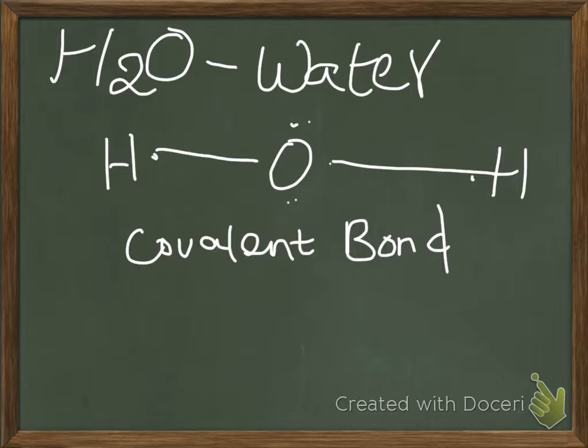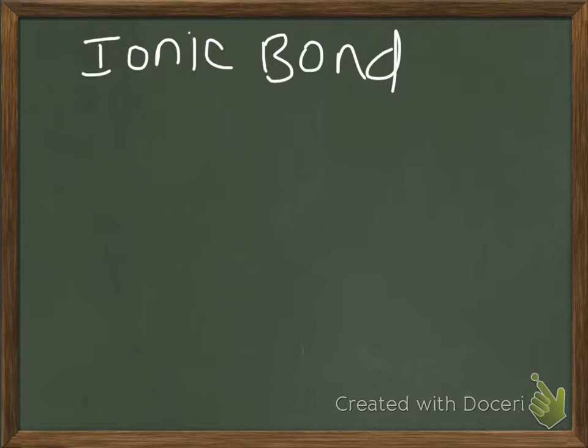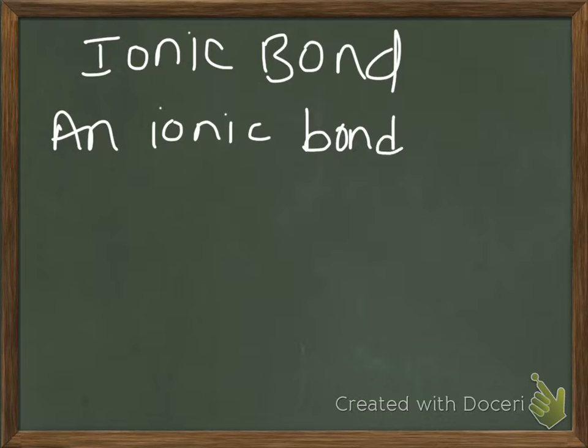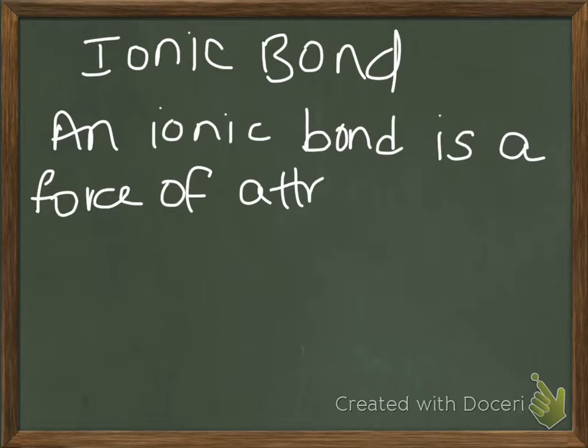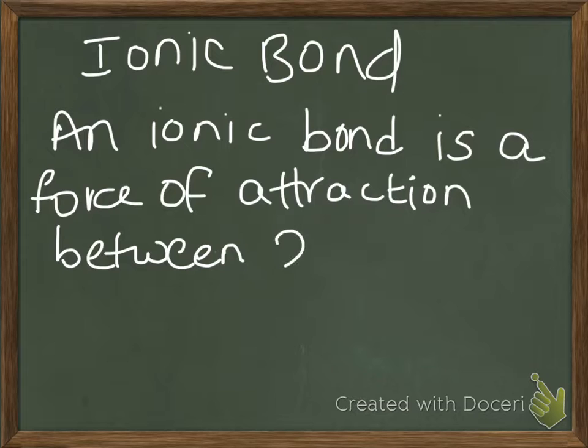Let's go to the next type of bond, the ionic bond. So what is an ionic bond? An ionic bond is a force of attraction between two oppositely charged ions.